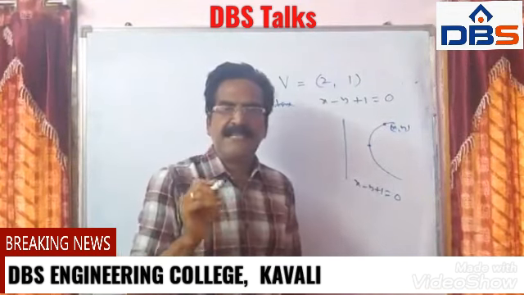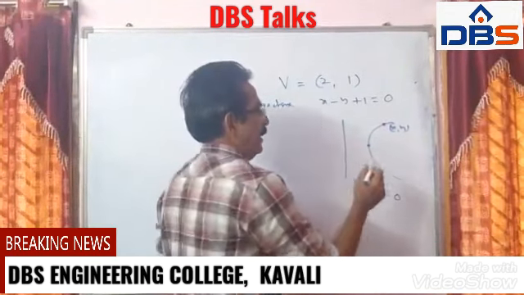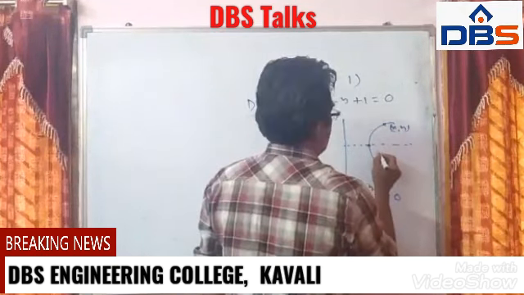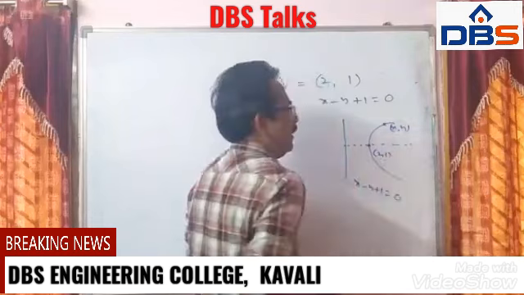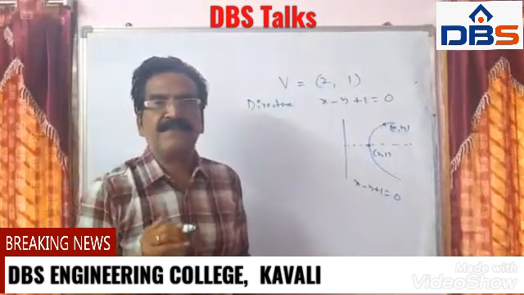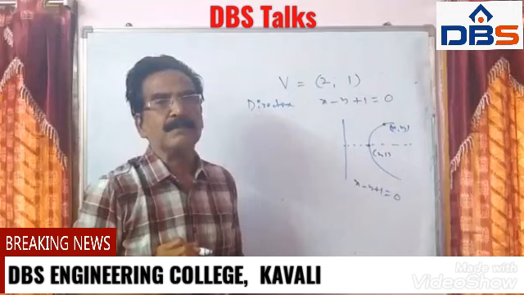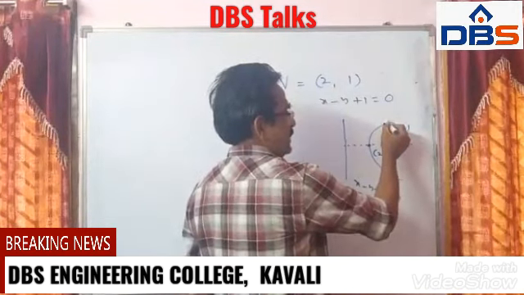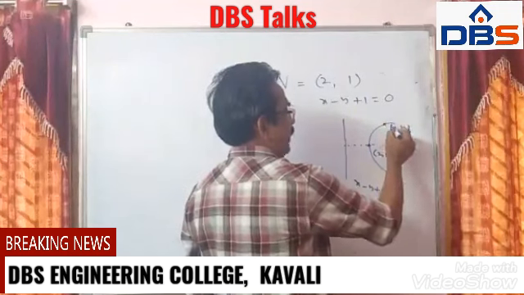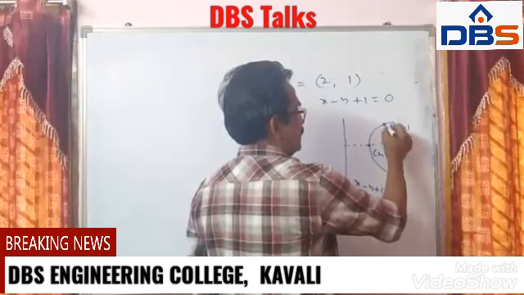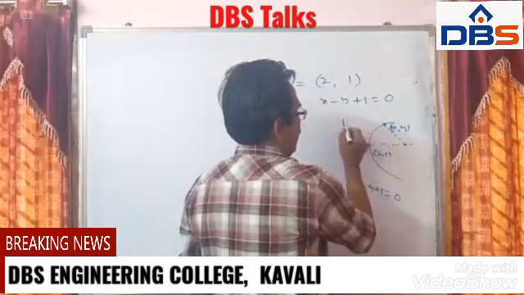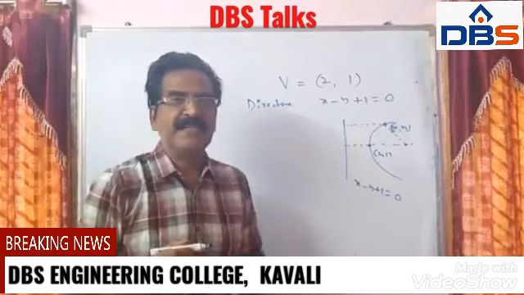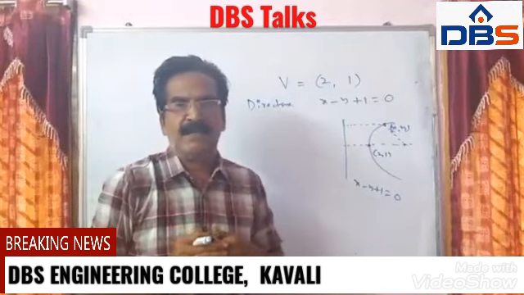And as per the definition of parabola, this is the vertex, 2 comma 1. What is the definition of parabola? The distance between a fixed point, the focus, and the distance between the directrix are equal.